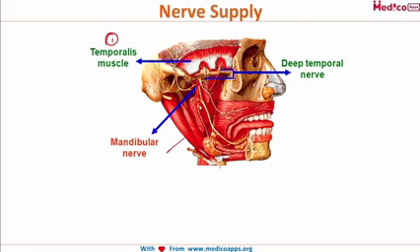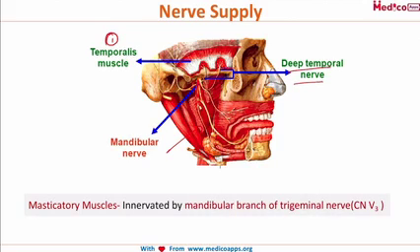This yellow one is the mandibular nerve and this is the deep temporal nerve. Now masticatory muscles are innervated by the mandibular branch of the trigeminal nerve, that is the mandibular nerve. The trigeminal nerve has 3 parts, namely ophthalmic, maxillary and mandibular.